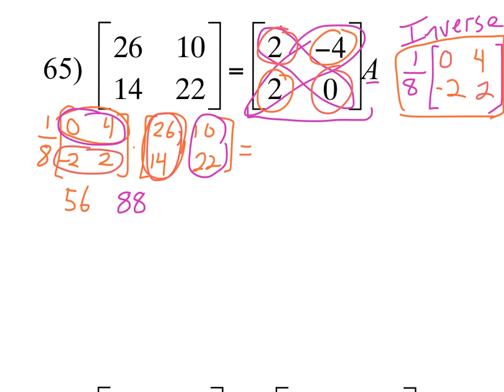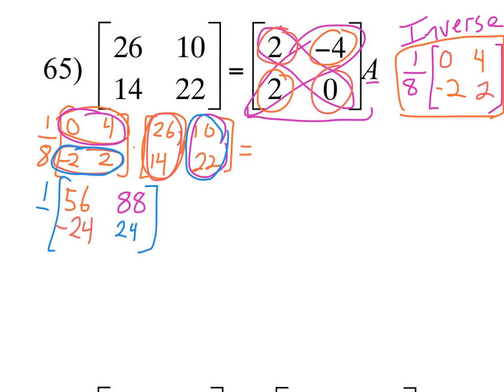Negative 52 plus 28, I really didn't want to do that in my head. I'm going to go with negative 24. Oof. I'm doing some addition in the morning. Second row, second column, negative 2 times 10 is negative 20. 2 times 22 is going to be 44. When I add those, I get 24.